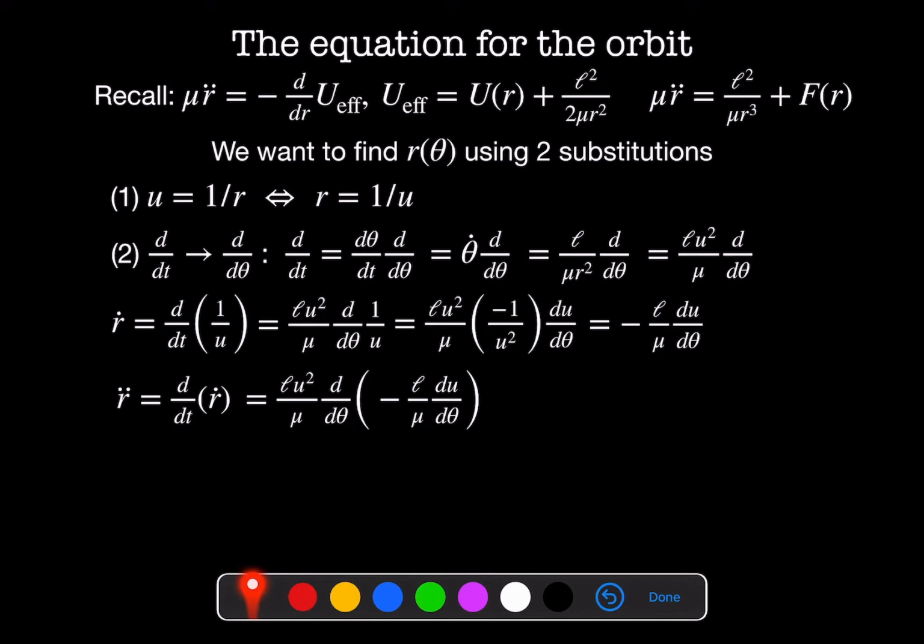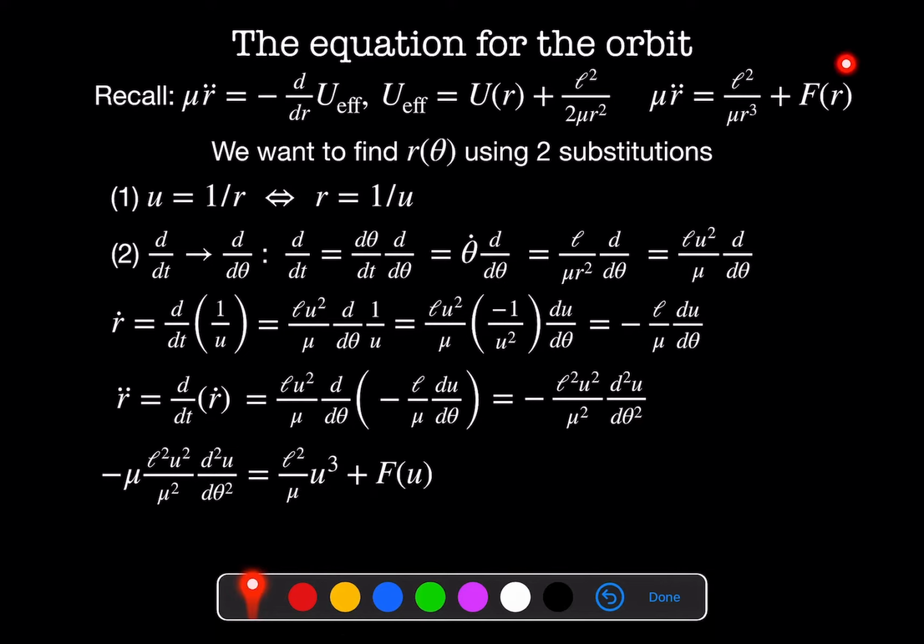So this theta derivative is L u² over μ times d/dθ of r dot, which is this term here, so minus L over μ du/dθ. These terms here are just constant, so I can pull them out, and I end up with minus L² u² over μ² times d²u/dθ².